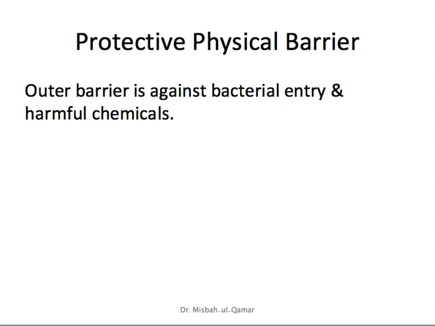Now, the outer barrier against the bacterial entry, that is provided by keratin. And our skin barrier also impedes the passage into the body of toxic chemicals that come into contact with the body surface.